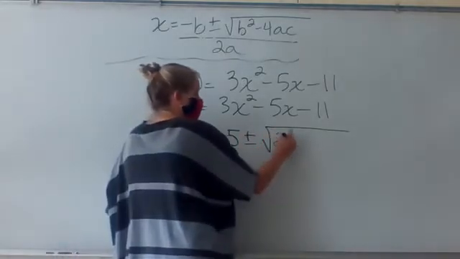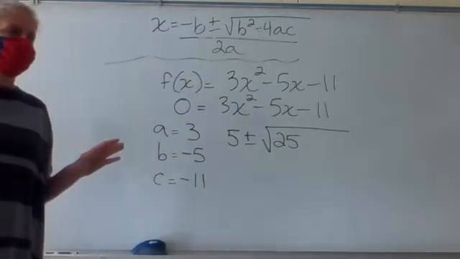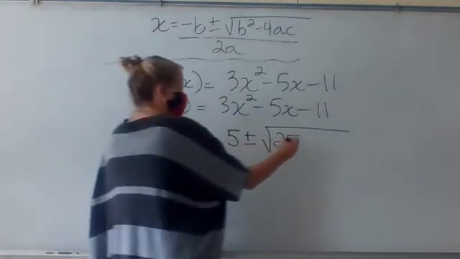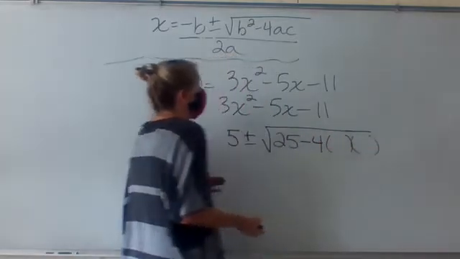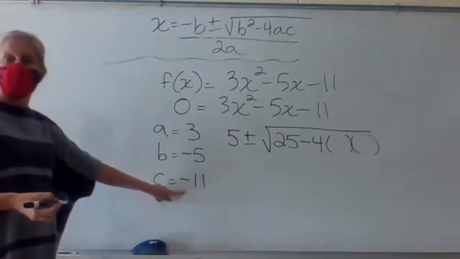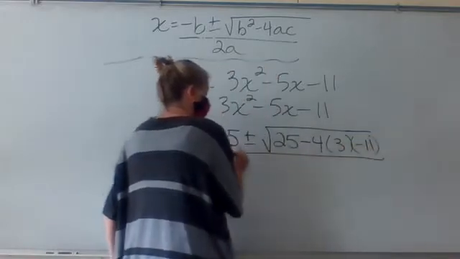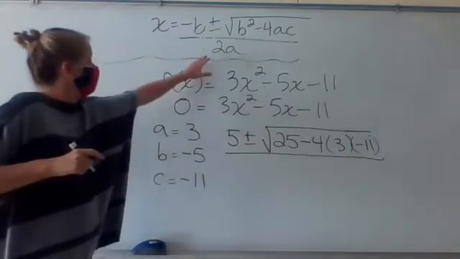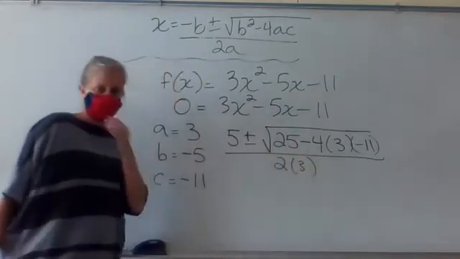So negative 5 squared is positive 25. Then minus 4 from the formula. And then your A and C. A and C are 3, negative 11. All over your denominator again, which is 2 times A, which is 2 times 3.